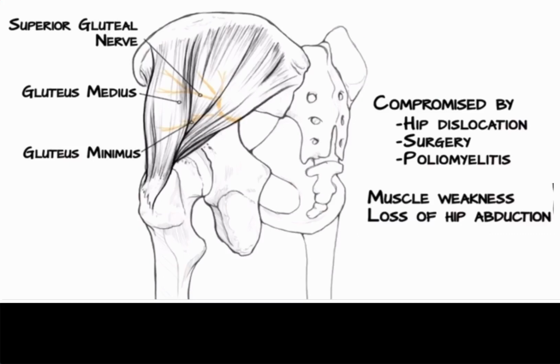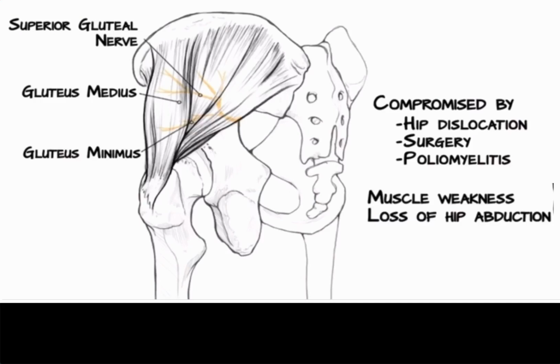So now, what are the different conditions when these actions have been compromised? We have an injury to the nerve. We have dislocation of the hip, so there might be an injury occurring to this nerve. Some surgery, some accidental injury, or a disease called poliomyelitis. This affects the motor neurons, motor activity.